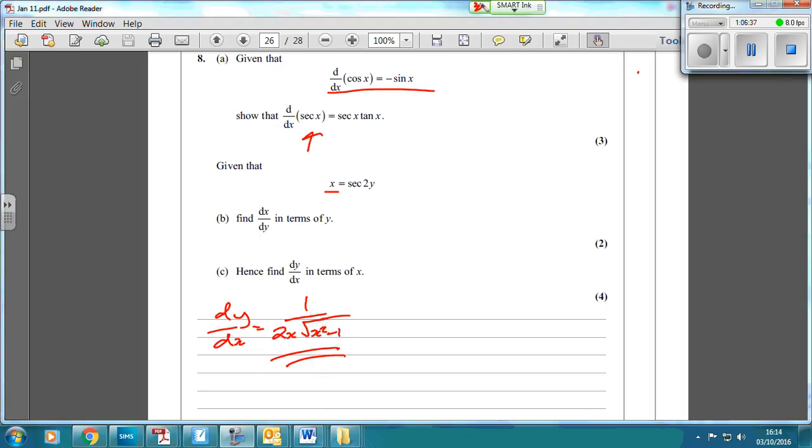Do dx by dy, get whatever you get, and then the next bit here, dy by dx, you just flip it upside down. And as soon as you flip it upside down, you've got to try and get rid of whatever it is you have. So dy by dx, you're going to have it all in terms of y, so 3y plus square root of y cubed or something, whatever it turns out to be. Then what you've got to do is you've got to then try and get rid of these y's and get them back in terms of x here by using this thing here.